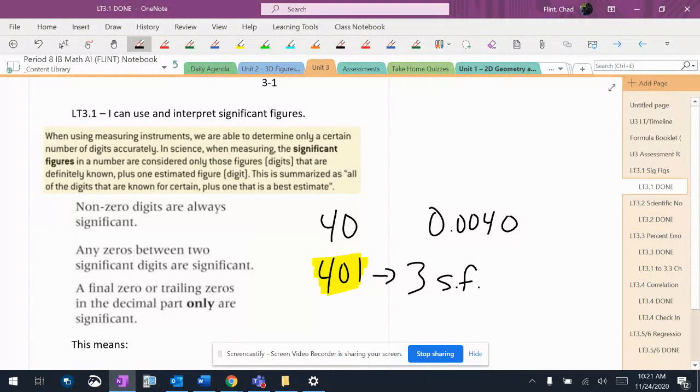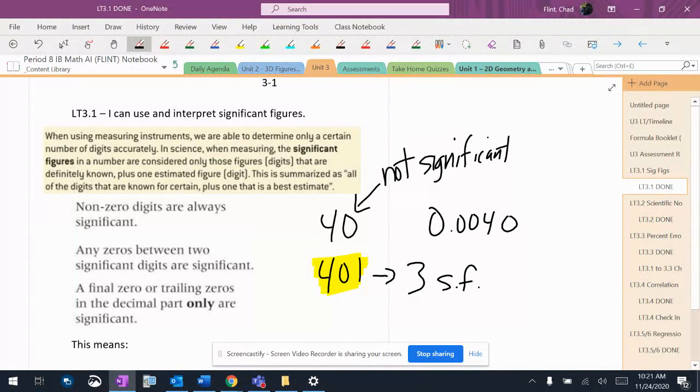A final or trailing 0 in the decimal part is only significant. So this is the part that I personally never understood. This is what I've come up with now. Any zeros that are at the end of a regular number, such as this right here, are not significant.